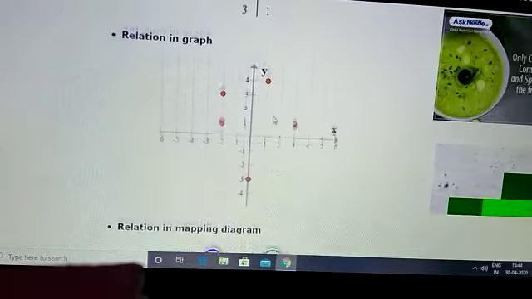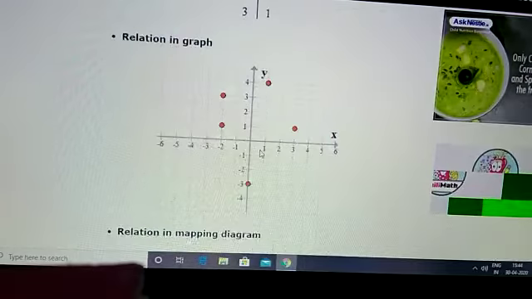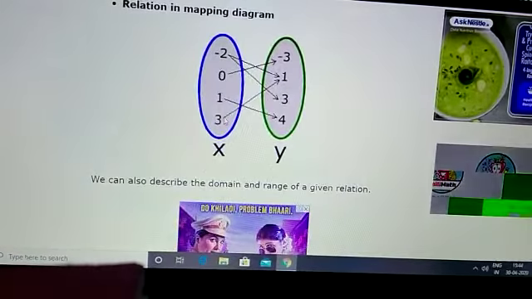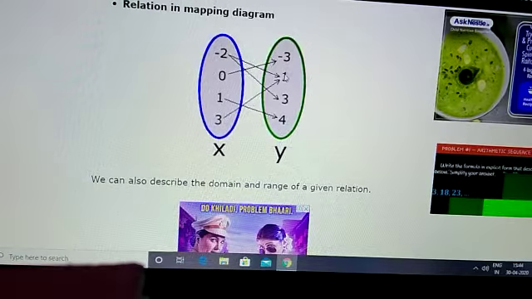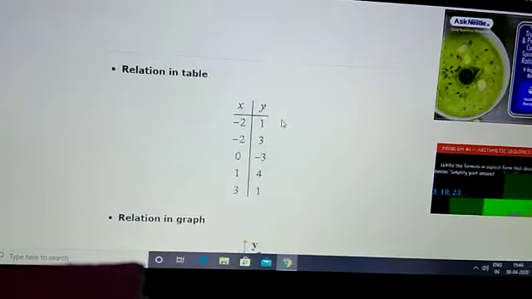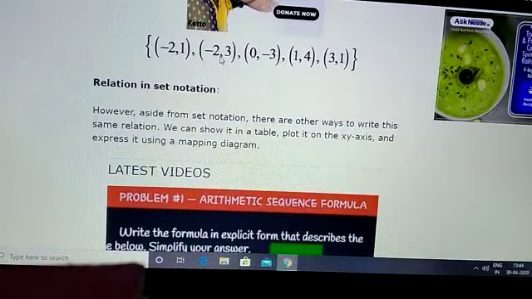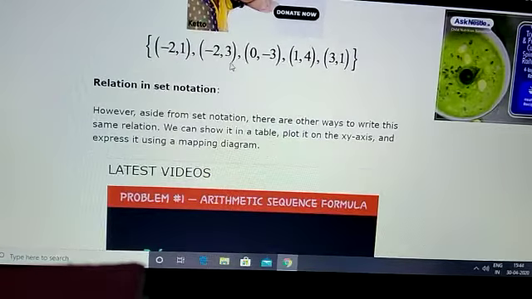This can also be represented in a Venn diagram. How do we represent it? Simple, we do not repeat anything: -2, 0, 1, 3, and -3, 1, 3, 4. Looking at the relations, -2 is written 2 times, meaning -2 is related to 1 and to 3.